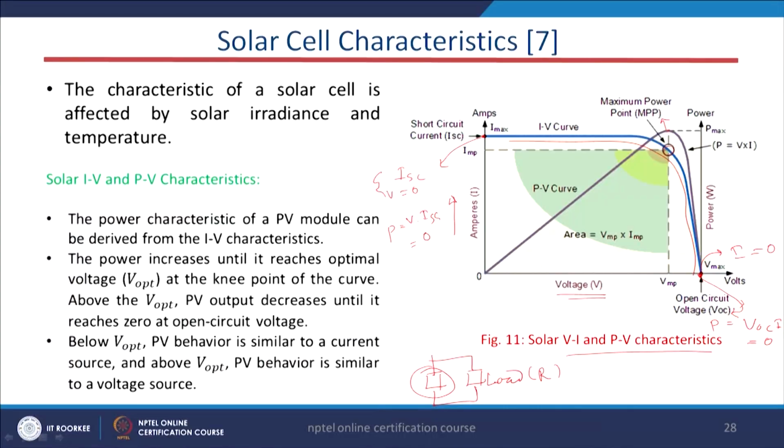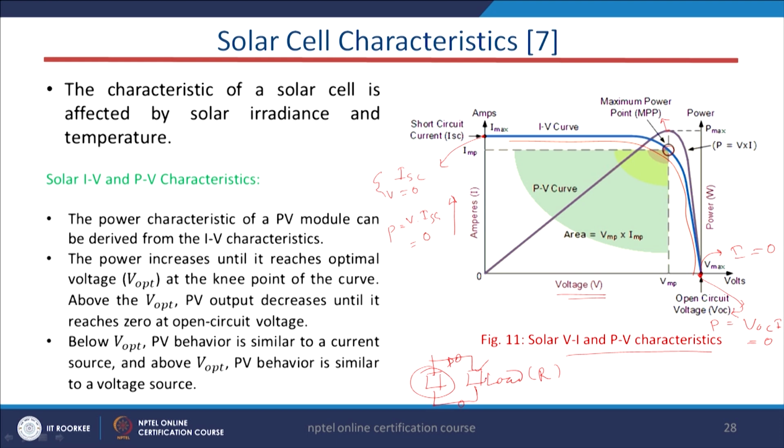Basically the open circuit terminals behave as an infinite resistance, the impedance is infinity. Now, if this load resistance is very high, the voltage available across these two terminals will be treated as the open circuit voltage. And obviously, as this resistance is very large, the current flowing through this circuit will be 0.